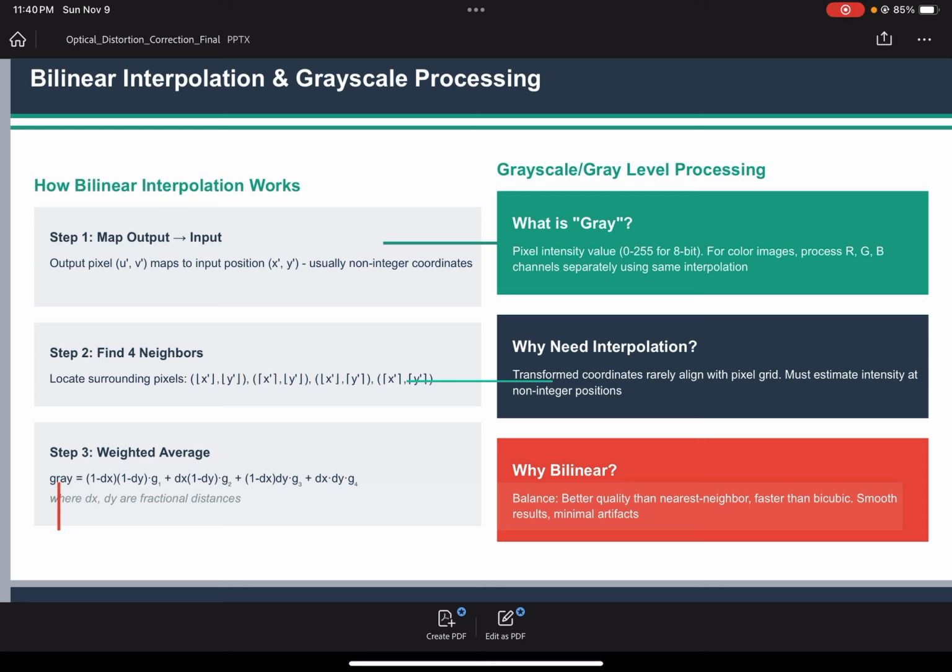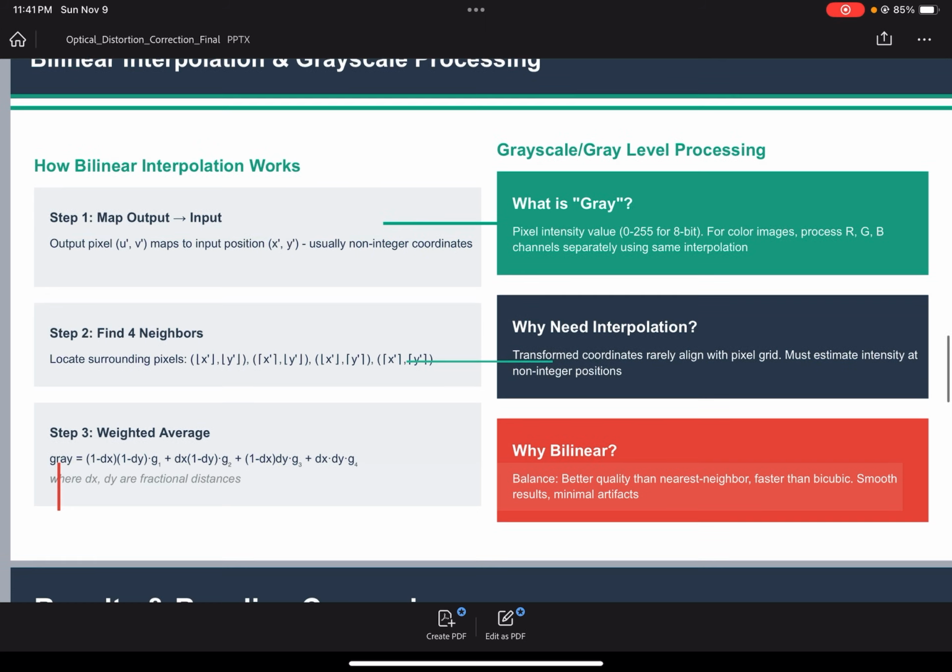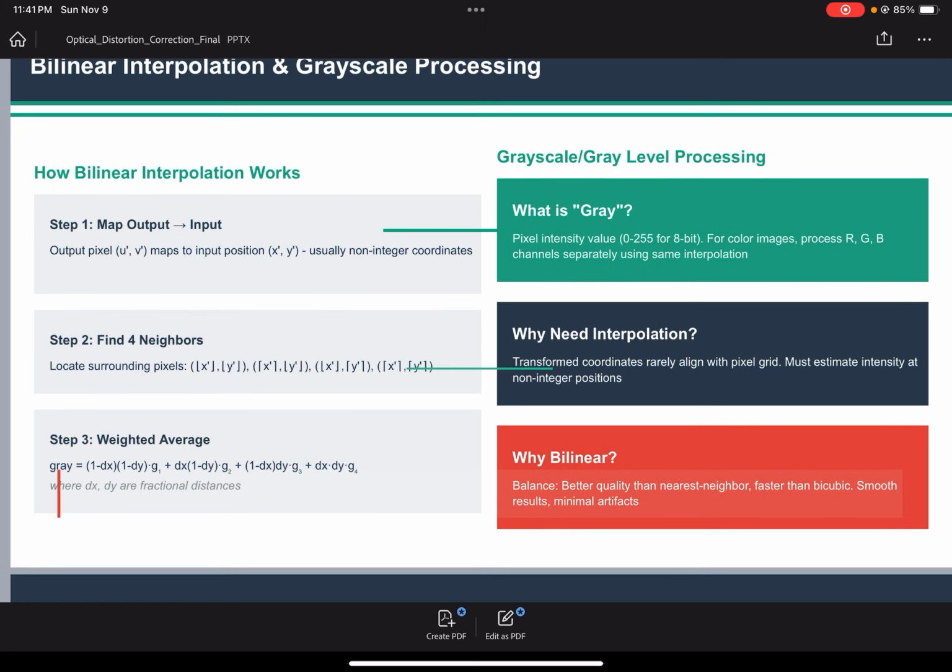So secondly, we find the 4 neighbors. We locate the 4 surrounding pixels at integer coordinates using floor and ceiling functions. We find the 4 corners of the square containing our non-integer position. So in our previous example, 5.3 and 7.8, it's going to be (5, 7), (6, 7), (5, 8), and (6, 8).